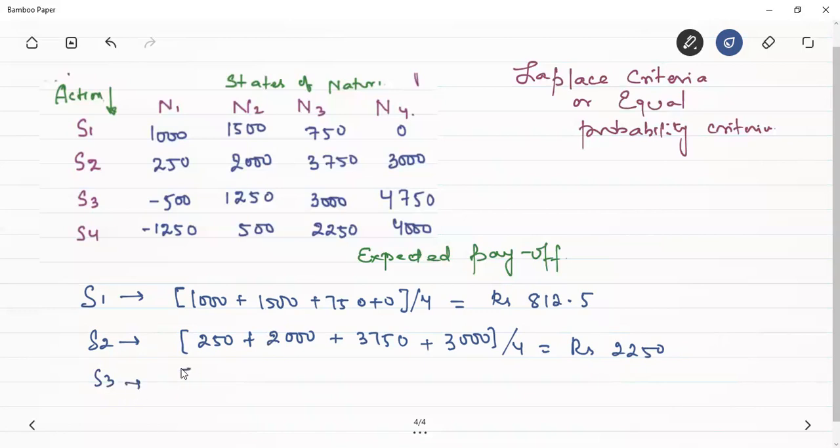Similarly, for the third course of action, the average will be equal to minus 500 plus 1250 plus 3000 plus 4750 divided by 4, and this will come out to be rupees 2125.